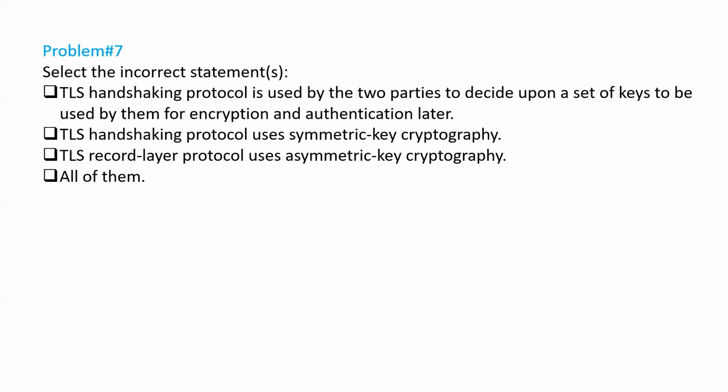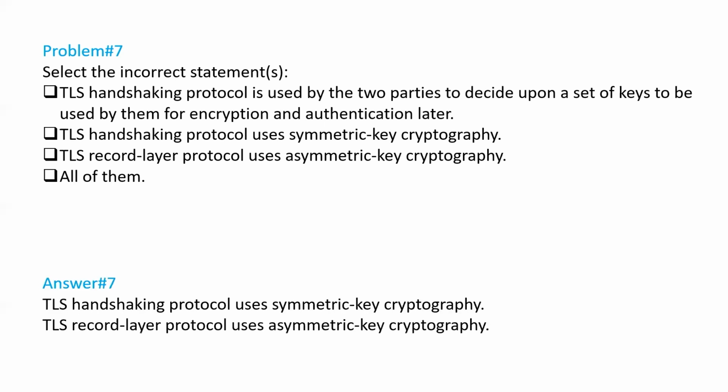After the handshaking protocol, when the shared keys are there between the parties, they can use them to continue with symmetric key cryptography, which is lightweight as well. So the record layer protocol uses symmetric key cryptography, and the handshaking protocol uses asymmetric key cryptography. So the second and third statements are wrong.